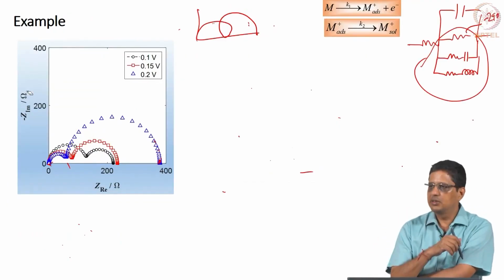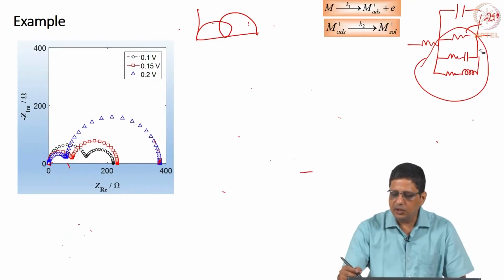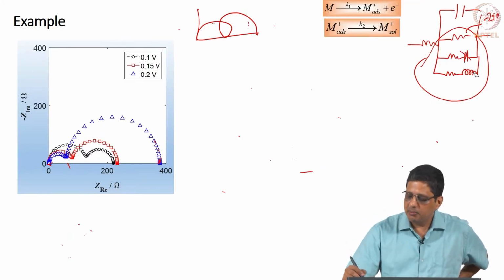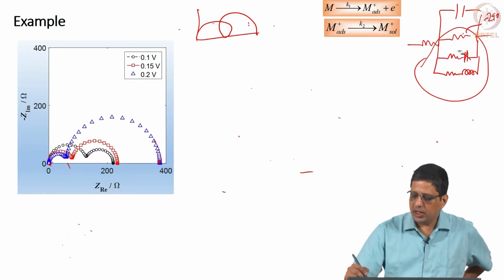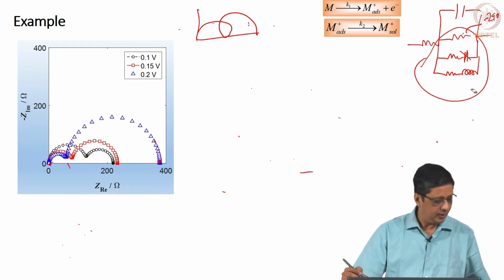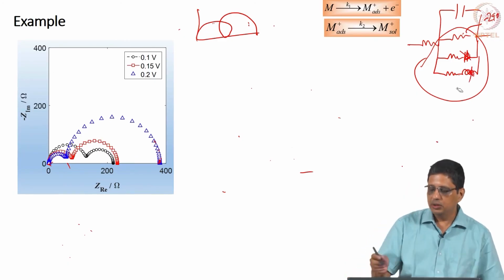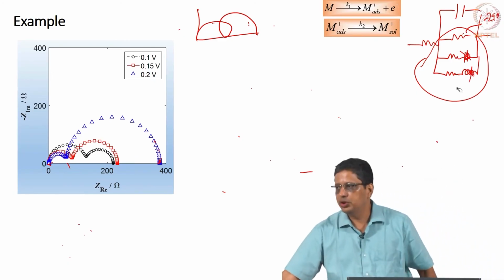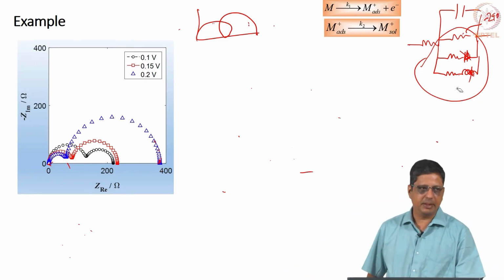If I have a mixed circuit, when I give 0 frequency, this is broken, but this is short circuited. So, I have two resistances in parallel at the minimum, I may have more elements. If I give infinite frequency, this is short circuited, but this is broken. So, you should not mix inductor and capacitor when you are modeling the Faradaic impedance part.